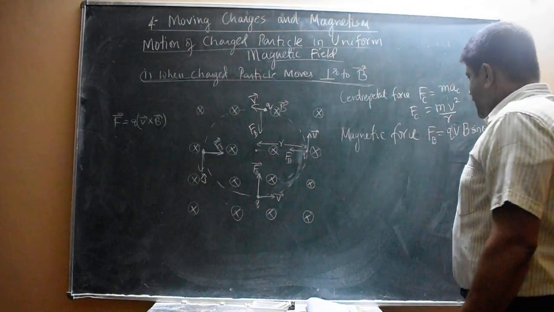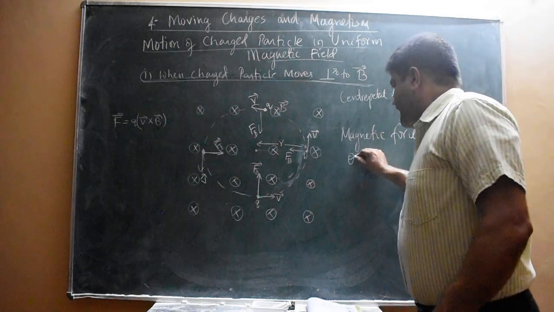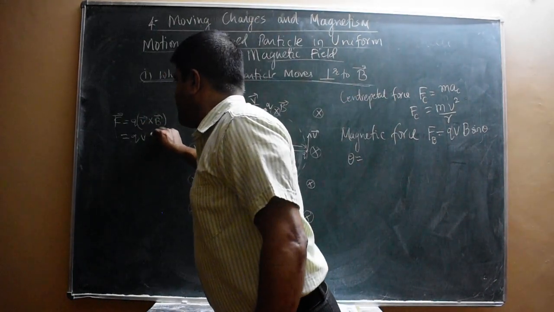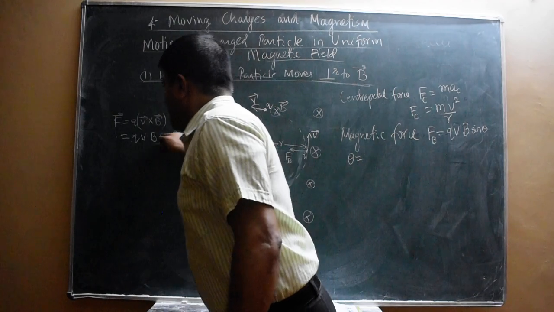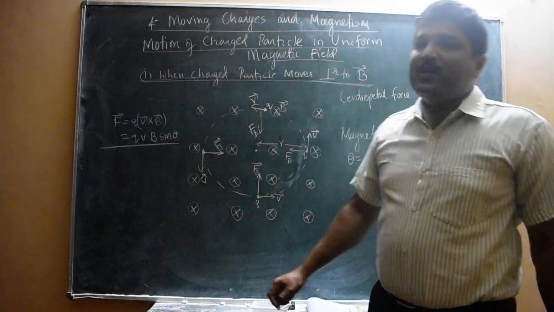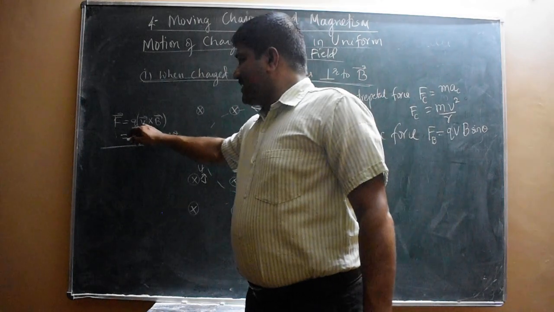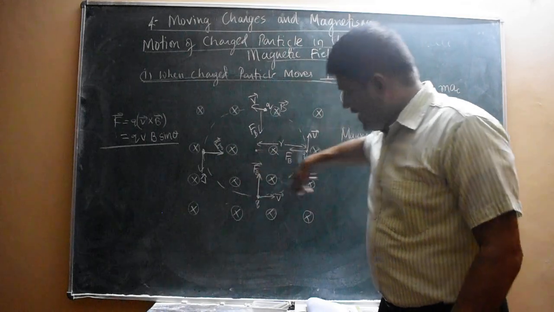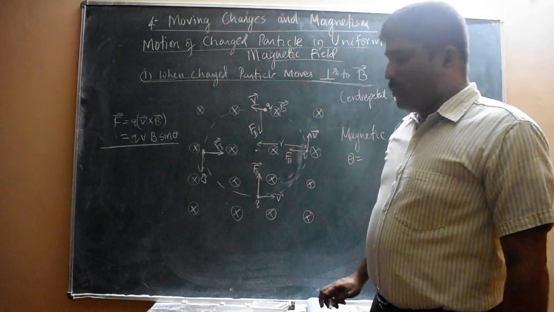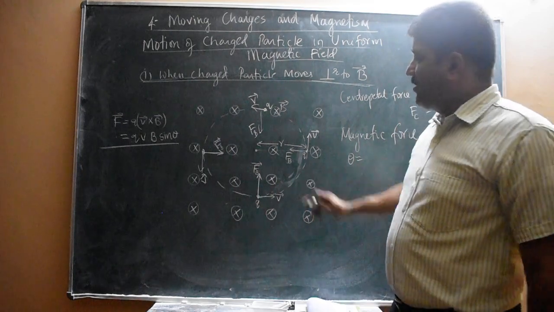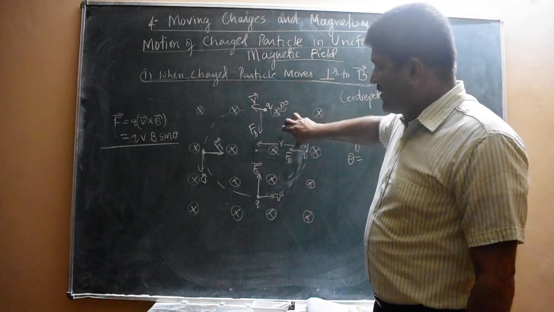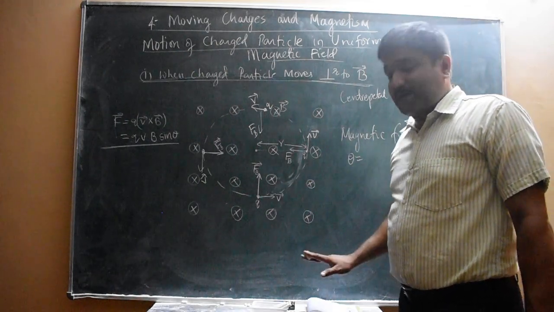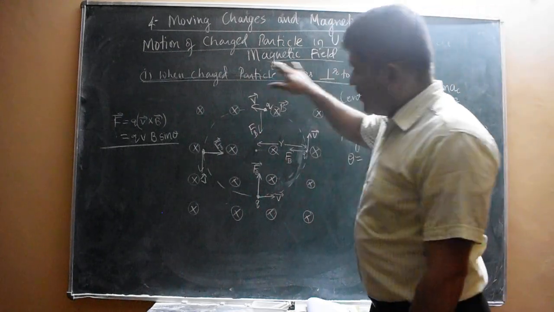Now if I expand QVB sin theta, theta is the angle between the velocity vector and magnetic field. The velocity is along the direction of the board, always lying on the plane of board, whereas the magnetic field is inward. So the angle between velocity vector and the magnetic field is always 90 degree at any point of its circular motion.